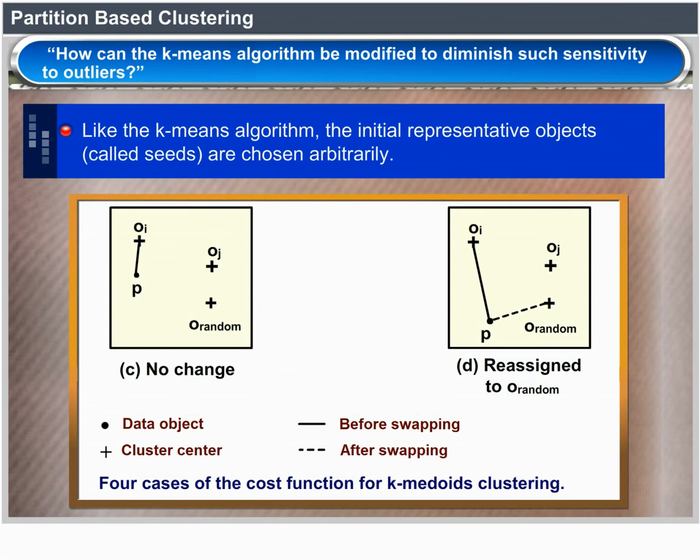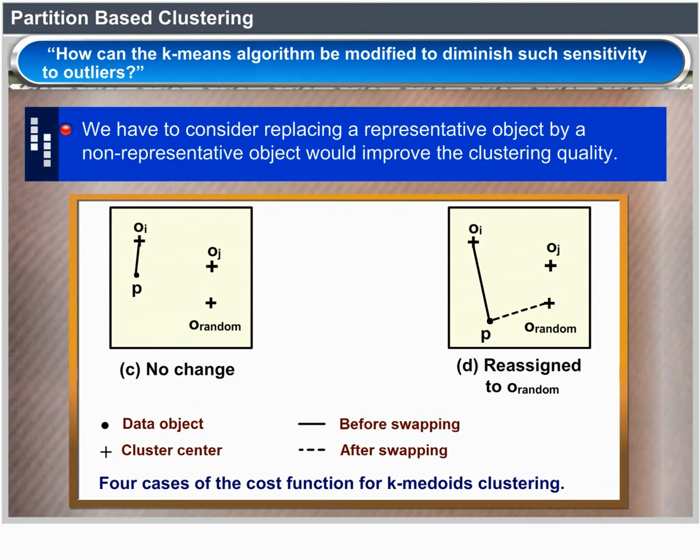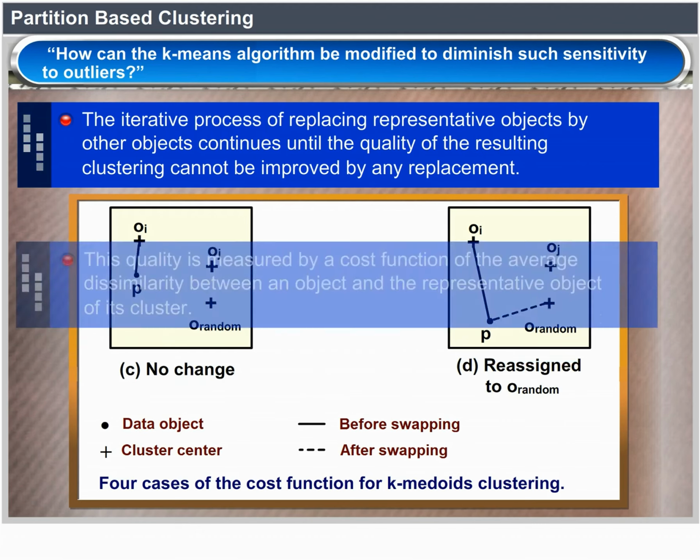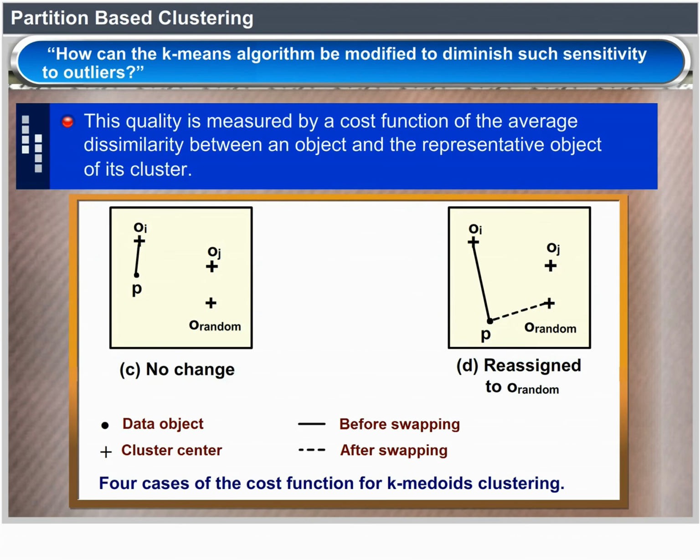We consider whether replacing a representative object by a non-representative object would improve the clustering quality. The iterative process of replacing representative objects by other objects continues until the quality of the resulting clustering cannot be improved by any replacement. This quality is measured by a cost function of the average dissimilarity between an object and the representative object of its cluster.